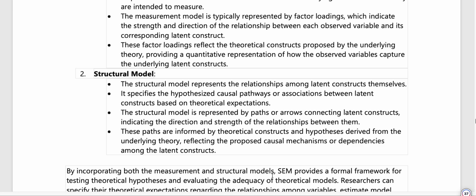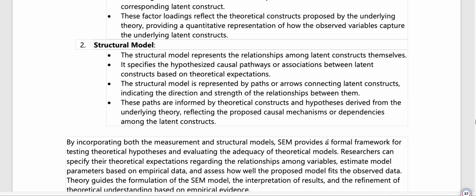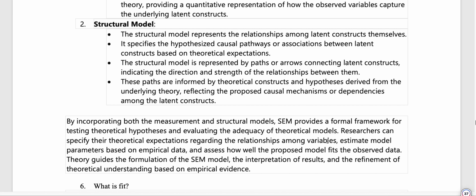The structural model is represented by paths or arrows connecting latent constructs and indicating the direction and strength of the relationship between them. These paths are informed by theoretical constructs and hypotheses derived from the underlying theory, reflecting the proposed causal mechanisms or dependencies among the latent constructs.